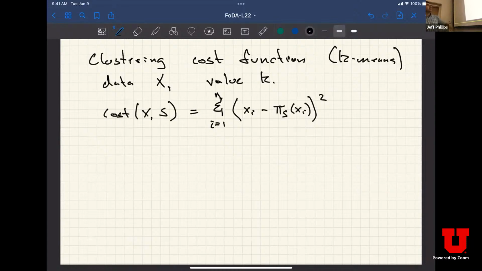Okay, so this is what our cost function is going to look like. I'll call this the two cost function.